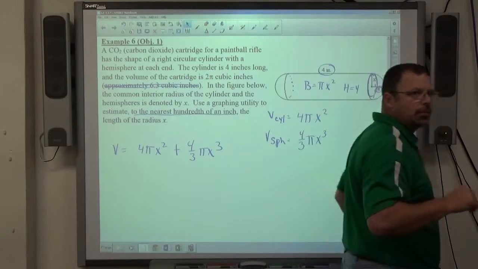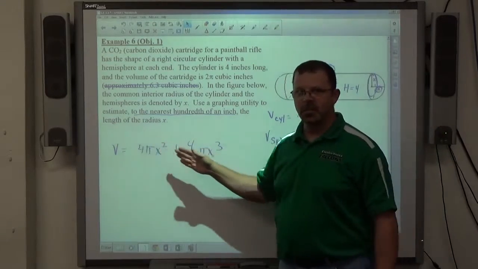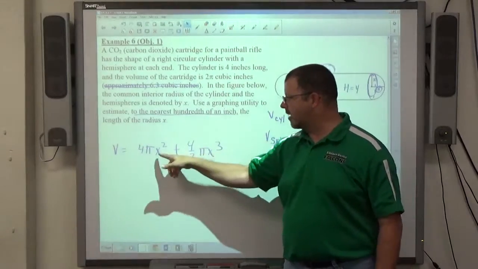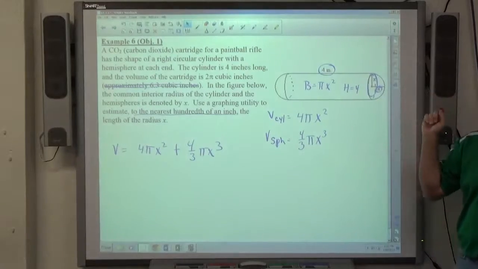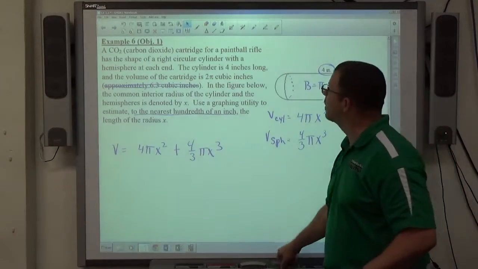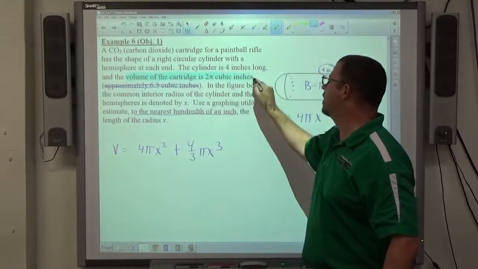At this point, this problem is equivalent in difficulty to the previous problem. We had to make the equation this time, but notice, here's an equation. The v in the equation represents the volume of the cartridge, and x in the equation represents the radius of the sphere. So again, here's an equation, here's what the letters in the equation represent, and up here it says the volume of the cartridge is 2 pi cubic inches.